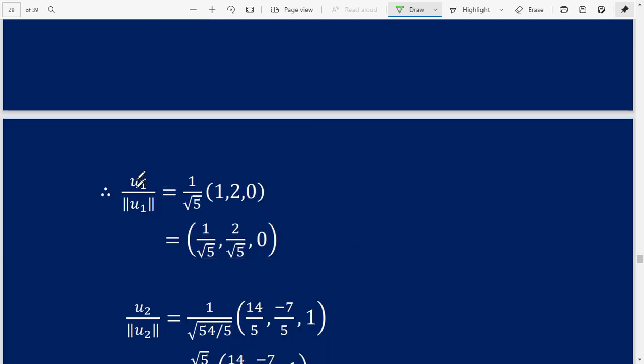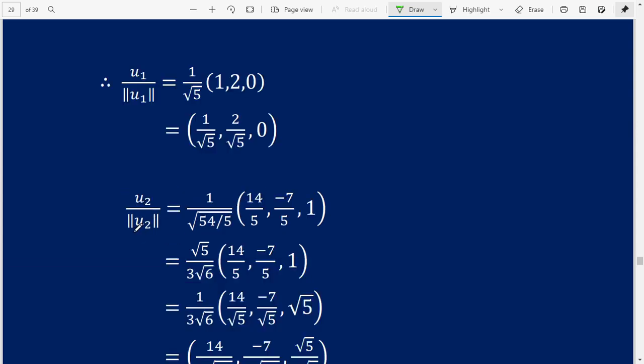Now the unit vector u1 upon norm u1 is equal to 1 upon under root 5 into 1 comma 2 comma 0, which is equal to 1 upon under root 5 comma 2 upon under root 5 comma 0. u2 upon norm u2 is equal to 1 upon under root 54 by 5 into 14 by 5 comma minus 7 by 5 comma 1.